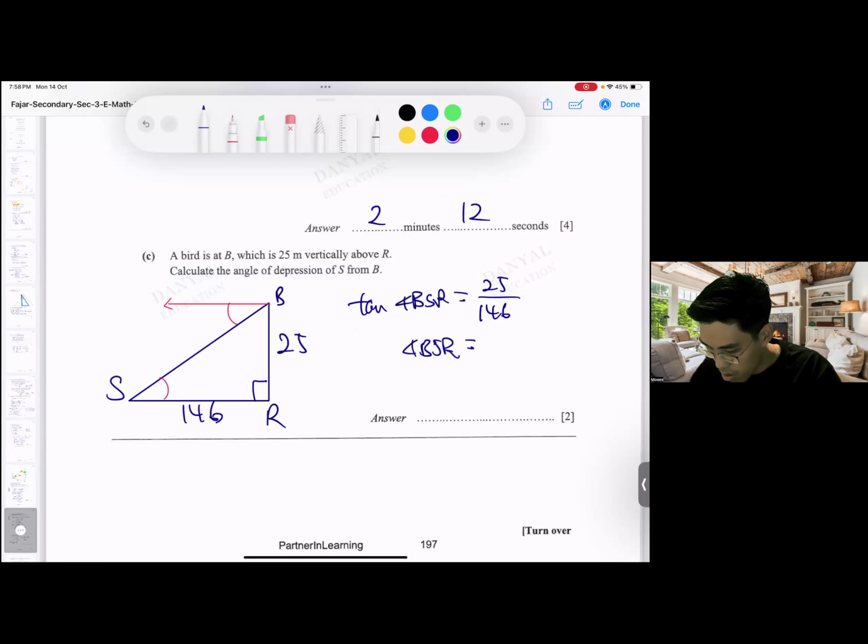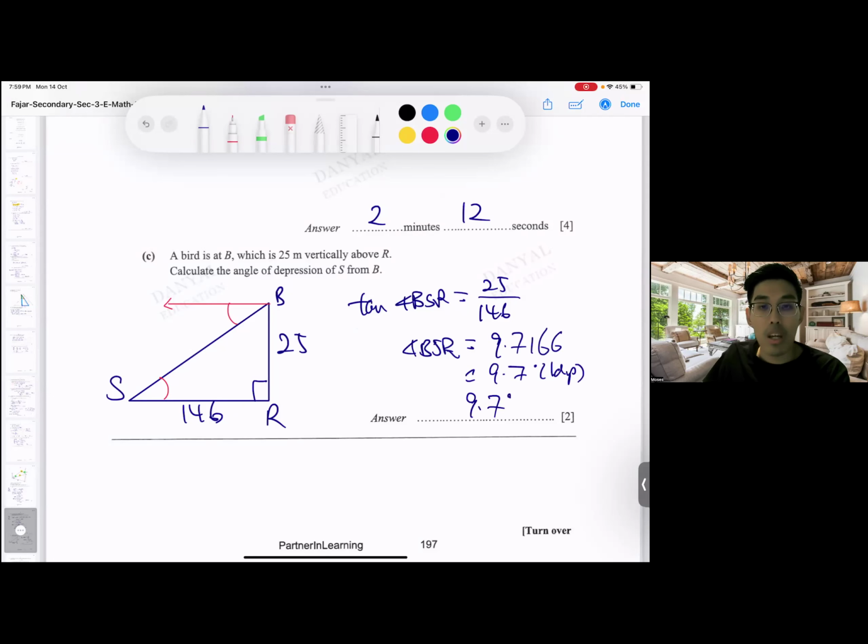So tan inverse of 25 over 146 gives 9.7166, which is 9.7 to 1 dp. Okay?